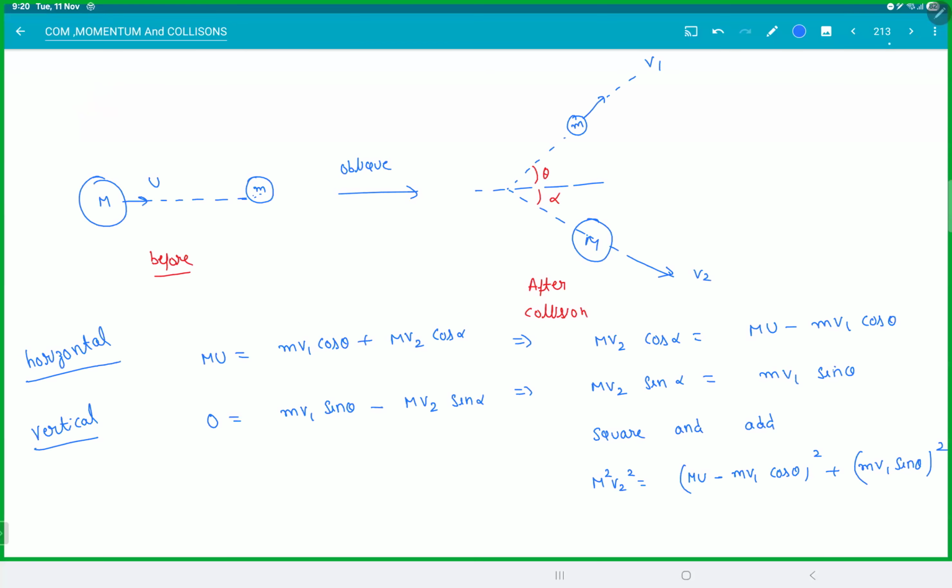M square v2 square equals m square u square, plus m square v1 square cos square theta, minus 2 mu m v1 cos theta, plus m square v1 square sin square theta. Sin square theta plus cos square theta becomes again 1.